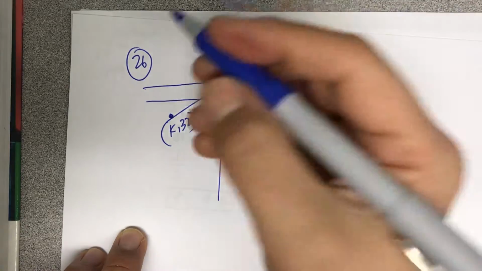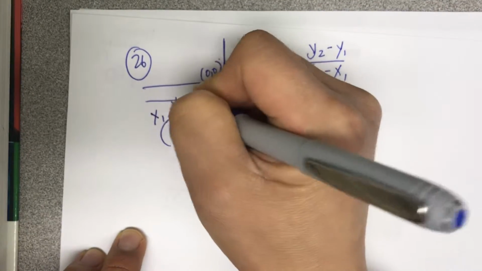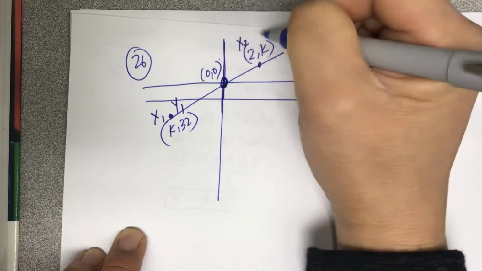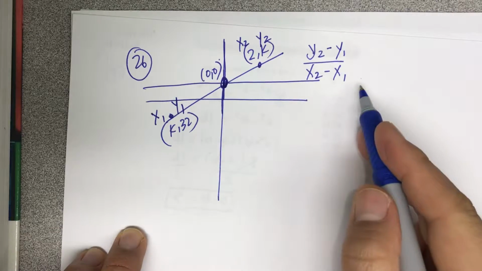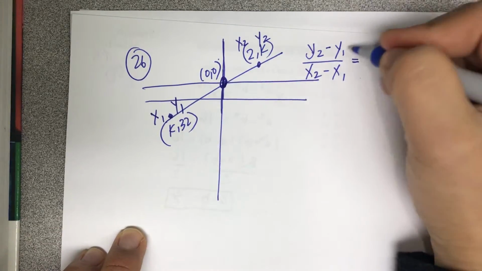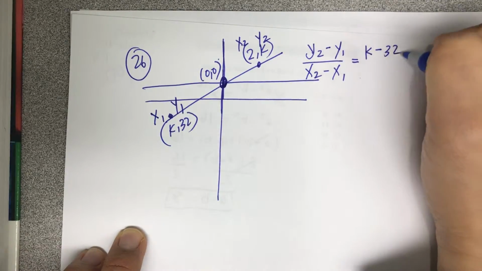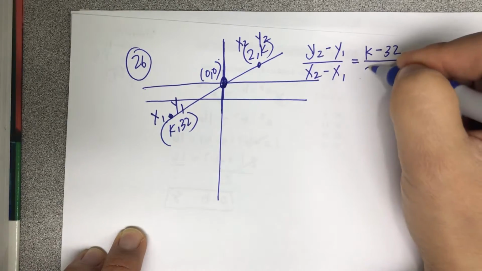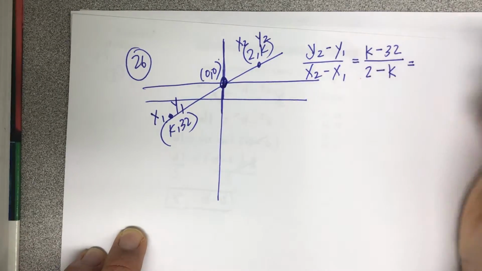Yes, we do. Let's say that this is x1, y1, and this will be x2, y2. If we were to plug this in, y2 is k minus y1, which is 32, over x2, which is 2, minus x1, which is k.